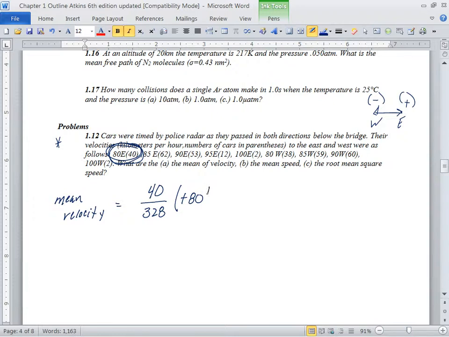Kilometers per hour. 328. And you just keep going. Do that for every single term, and they take the plus or minuses in there, because it's velocity. They want mean velocity. So you have to take into account the direction. The speed is going to be part B. Just erase the signs, erase the negatives, I guess.